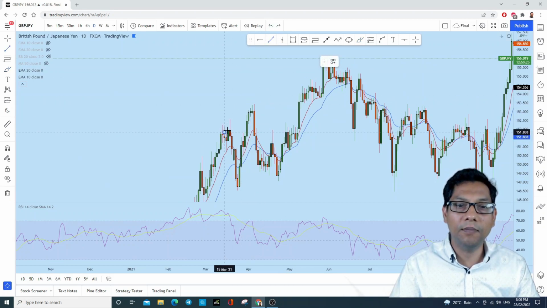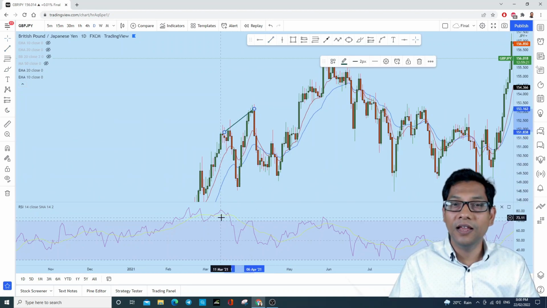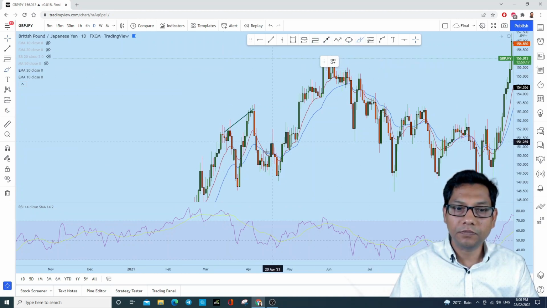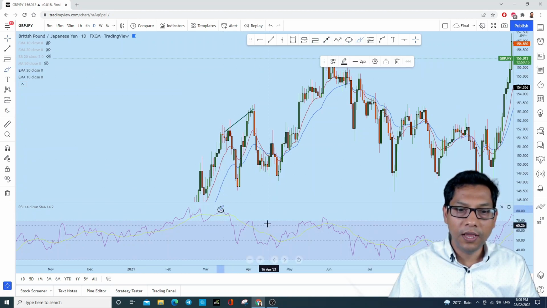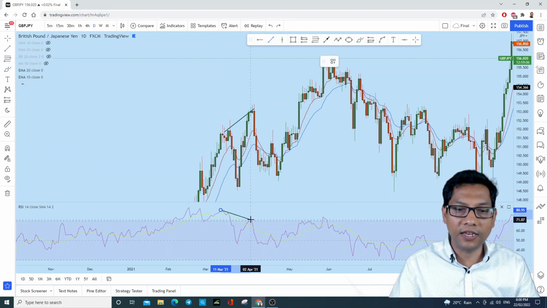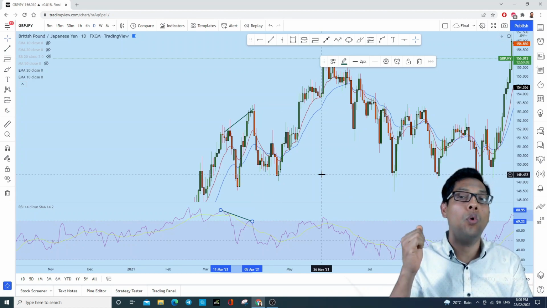Let's connect both of these points. Now in the RSI indicator, for the same point, when the price created a new higher high, RSI failed to create a higher high. Instead, it created a lower high.